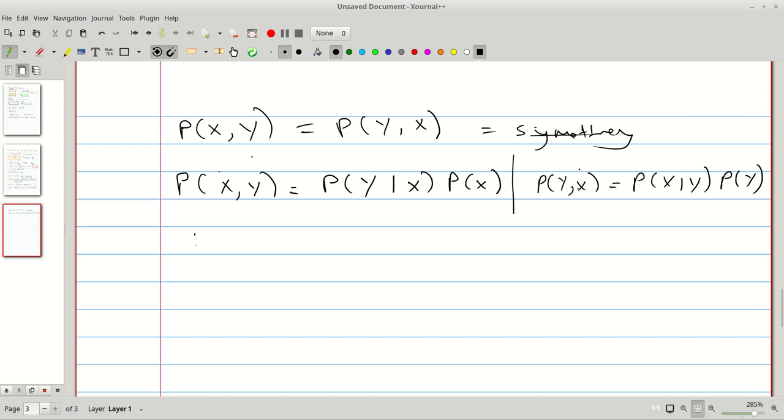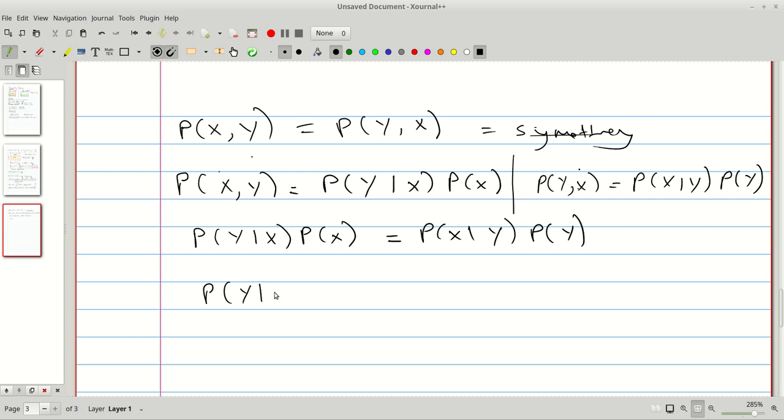So we arrive at the point where we say the probability of y given x times the probability of x is equal to the probability of x given y times the probability of y, which means the probability of y given x is equal to the probability of x given y times the probability of y over the probability of x.